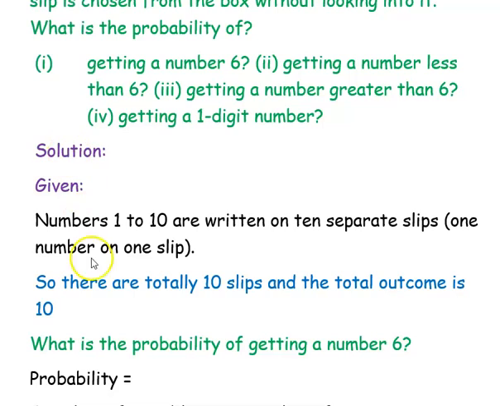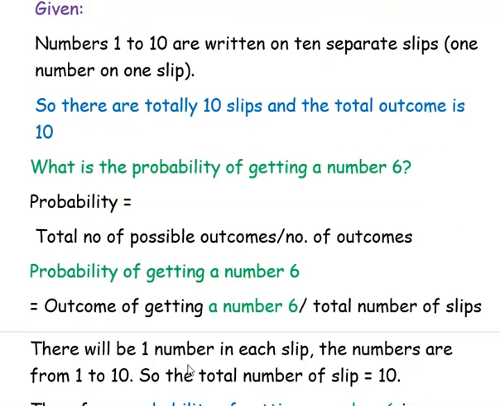Now the first question is: what is the probability of getting a number 6? We know the probability formula: the number of favorable outcomes divided by the total number of possible outcomes. We can rewrite the formula for this question as the number of outcomes of getting a number 6 divided by the total number of slips.